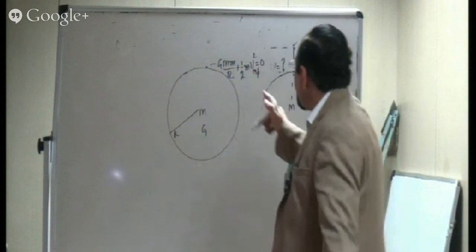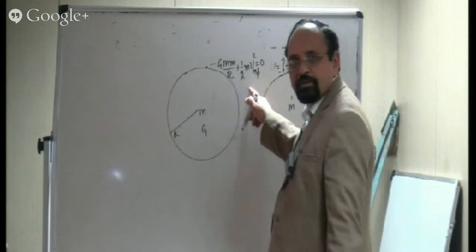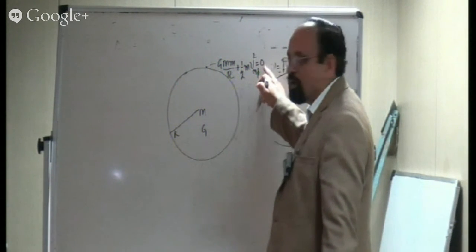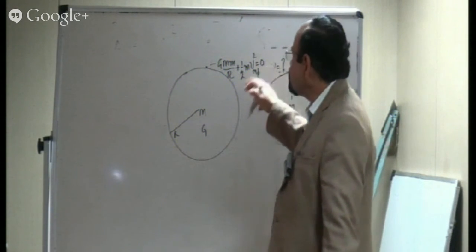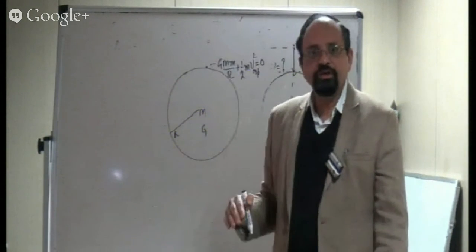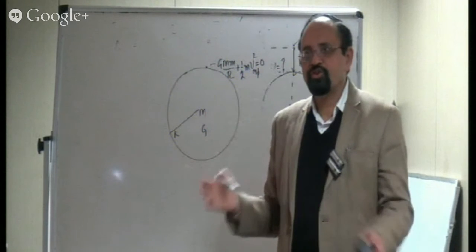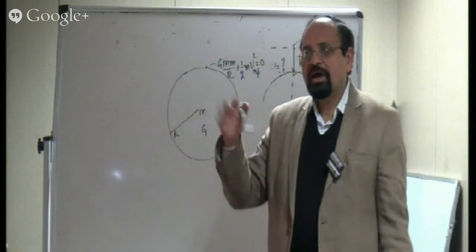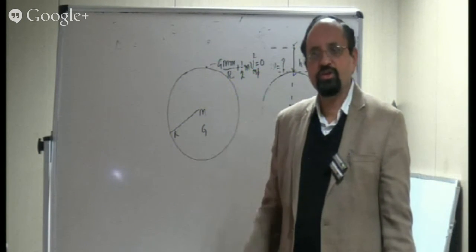So if I make this arrangement, that means I'm making the total energy zero, and that is possible only when the body reaches infinity. And when it reaches infinity, there is no gravitational force of attraction. We say that the body has escaped from the gravitational attraction.